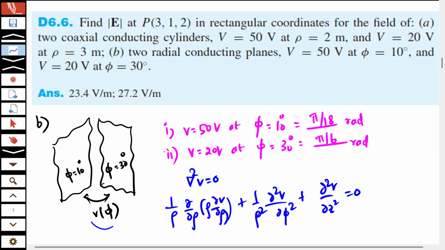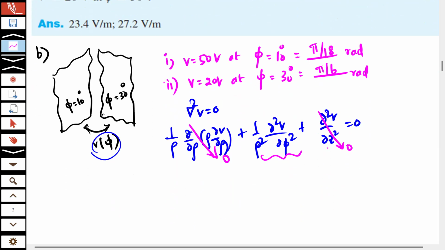Now here we know V is only a function of phi. Thereby, differentiation with respect to rho and z will be 0. Only the differentiation terms for phi are non-zero. This makes the expression 1 by rho square d square V by d phi square equals 0.